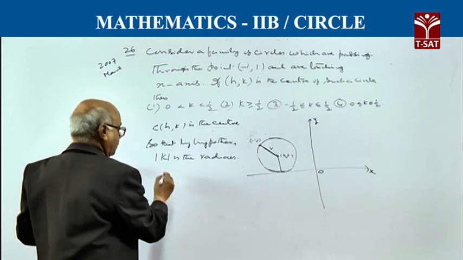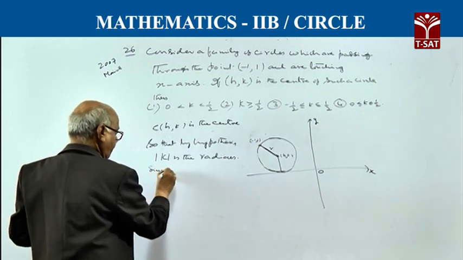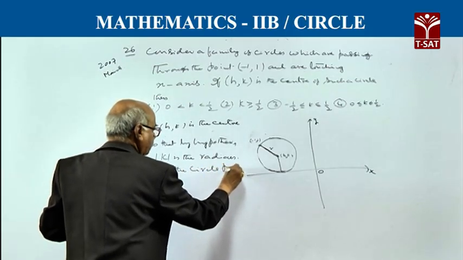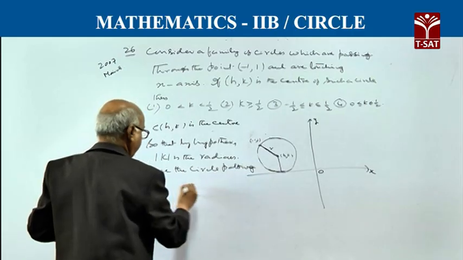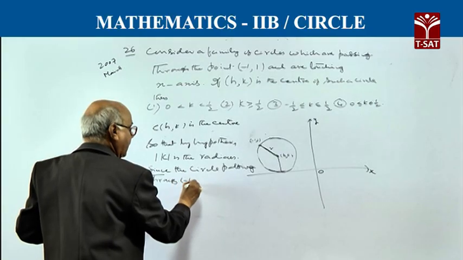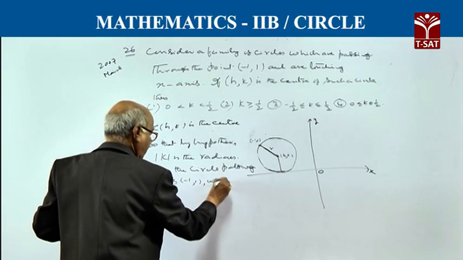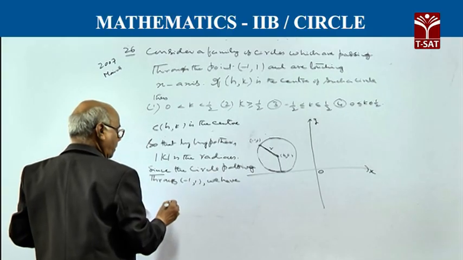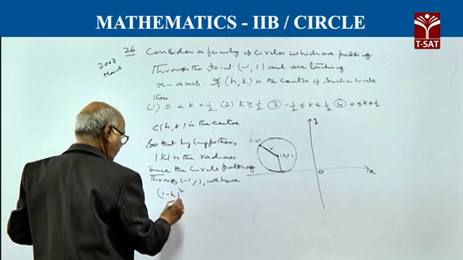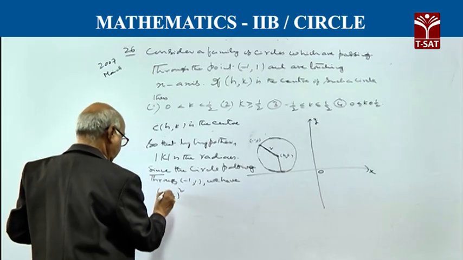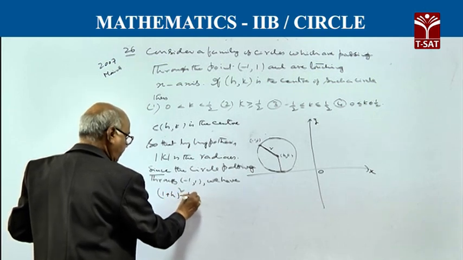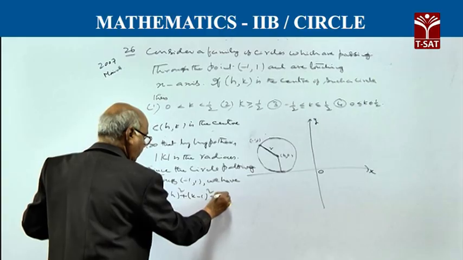Now we know that, since the circle is passing through (minus 1, plus 1), we have (1 minus h) whole square, or with the point (minus 1, 1), (1 plus h) whole square plus (k minus 1) whole square is equal to k square.